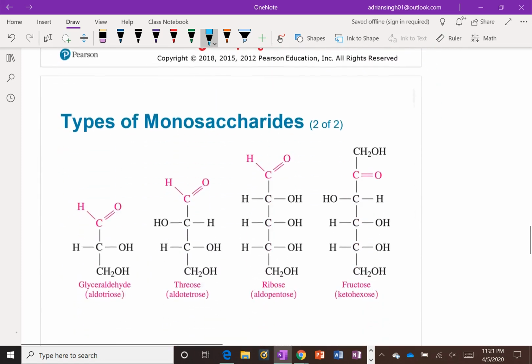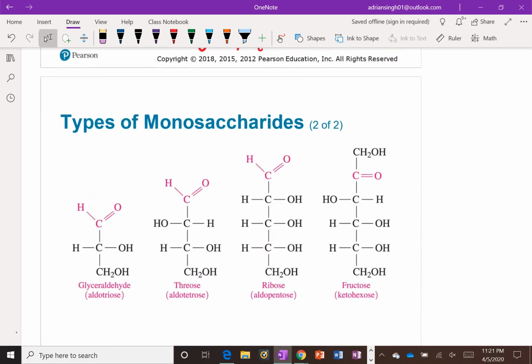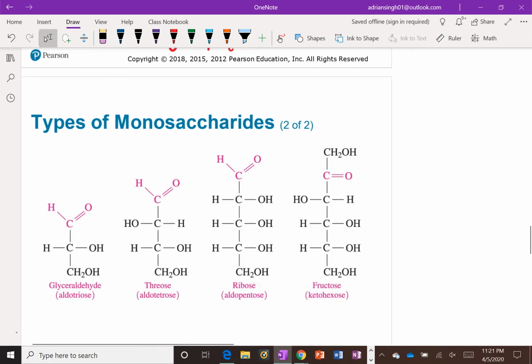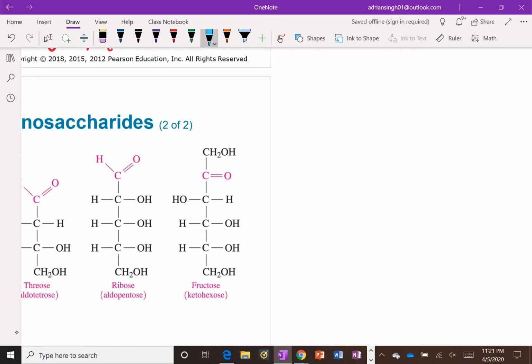All right, so here are some examples of different types of monosaccharides. I mentioned glucose being an example of an aldohexose. Here on the right side, we have another very common sugar called fructose, and fructose is a ketohexose.